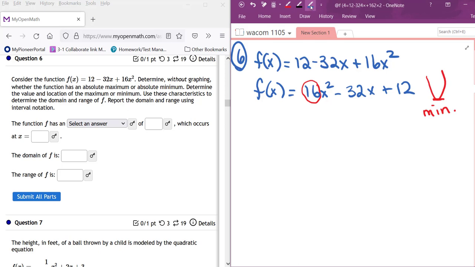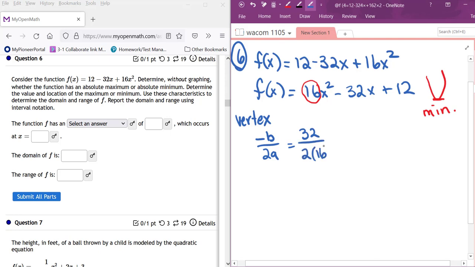And the minimum will be at the vertex of the parabola. So we want to find the vertex. For this one, you should use the formula. Negative b over 2a for the x-coordinate. So that will be positive 32 over 2 times 16, which is also 32, equals 1.